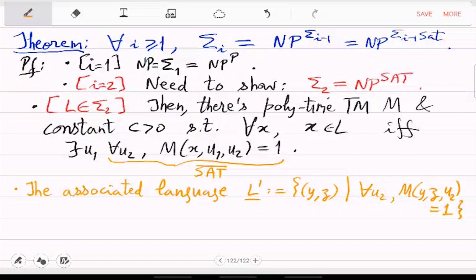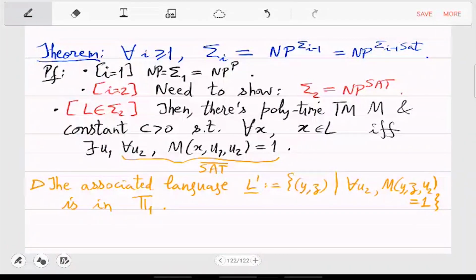Think of (y, z) as (x, u1), and then for all u2 this verifier computation should be true. So this language is clearly, by definition, in coNP, it reduces to SAT bar. So the associated language L prime is in pi 1. Okay, that's a simple observation.